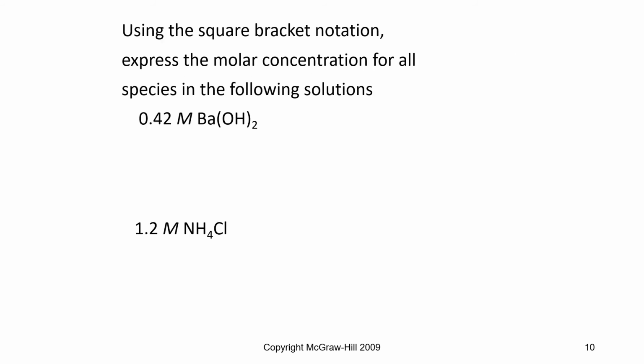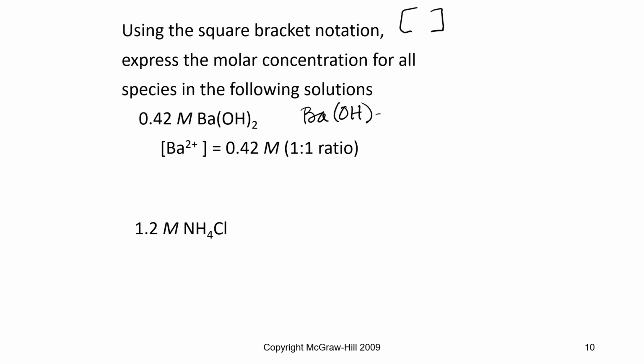So here's another example. This is asking us to use the square bracket notation. So remember, you can indicate molarity by using brackets to express the molar concentration for all the ions in these solutions. So barium hydroxide, when it dissolves in water, will have 1 barium 2+ ion and 2 hydroxide ions.